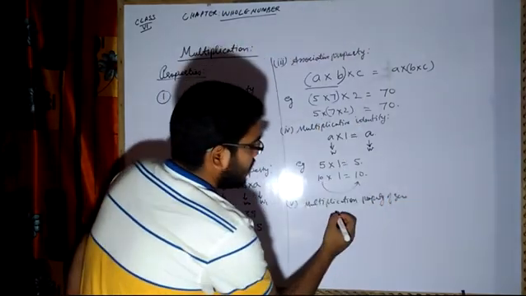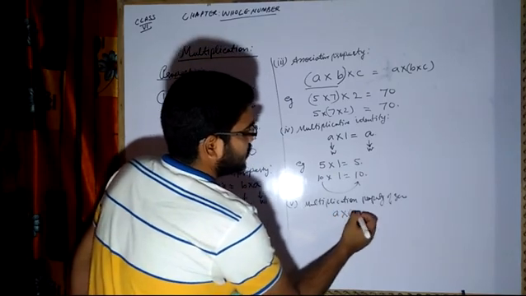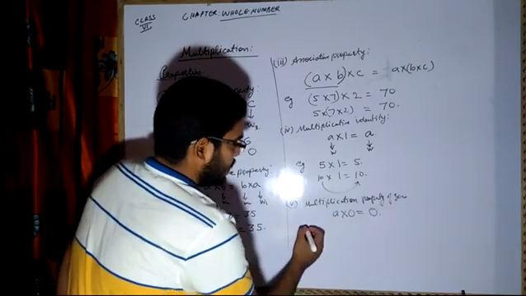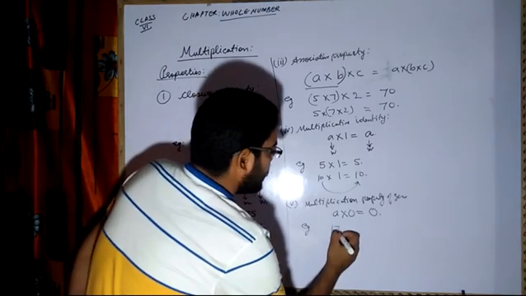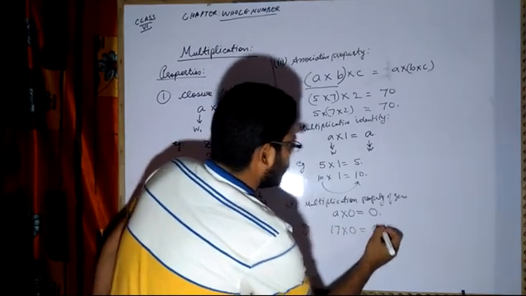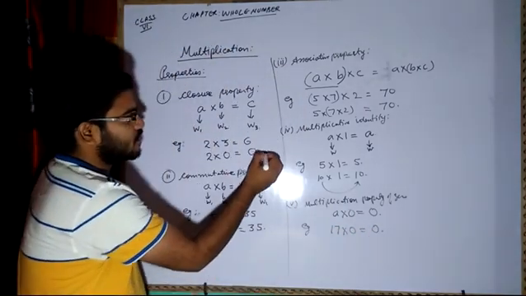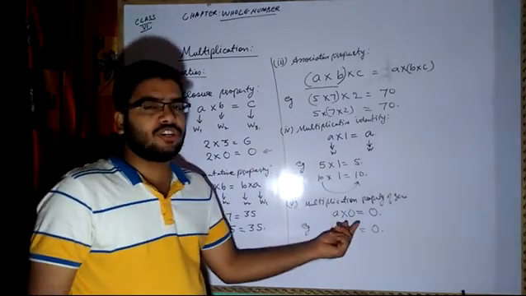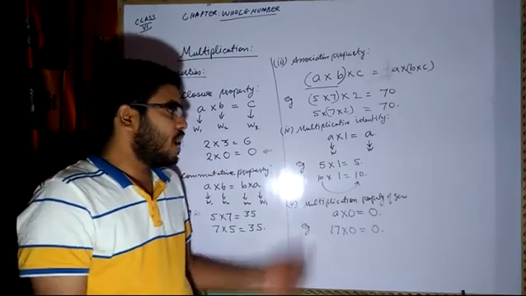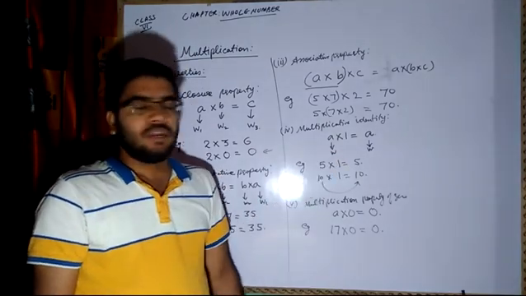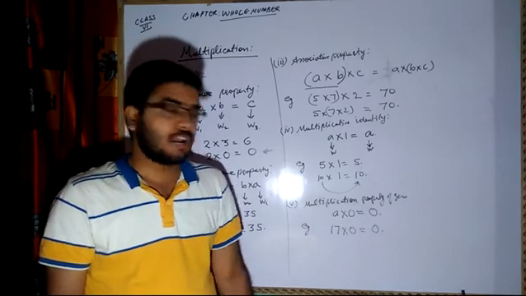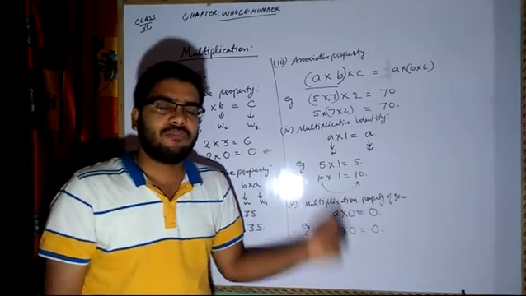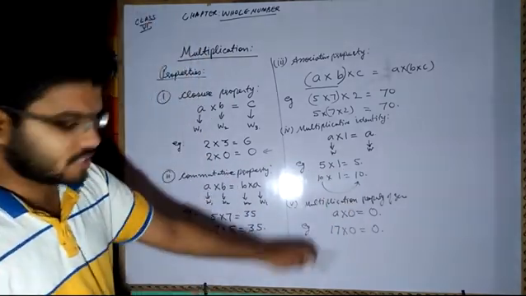It states that when a whole number is multiplied with 0, the result will be 0. For example, 17 multiplied by 0 is equal to 0. This we have also seen here. This is the multiplicative property of 0. Whatever number is multiplied with 0, the result will always be 0. And whatever number is multiplied with 1, the result will always be the number itself, which number we have used. Now here it is 0.